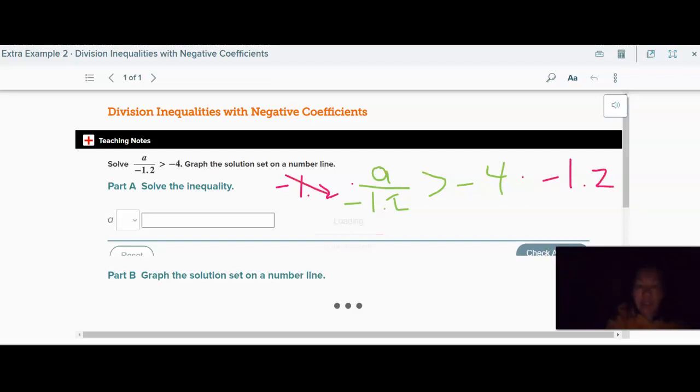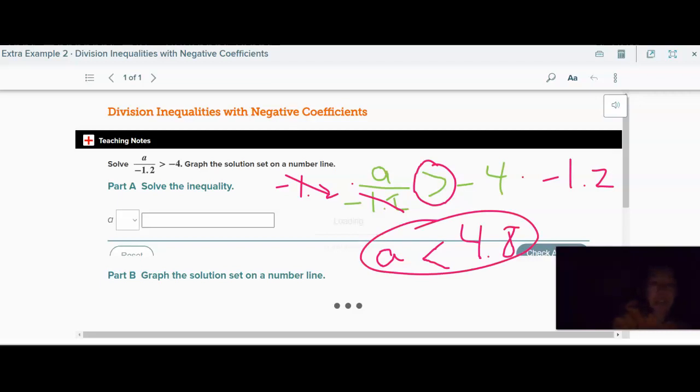On the left, that cancels out, so we have a. Make sure you're bringing everything down, like I always tell you. And negative 4 times negative 1.2 is positive 4.8.